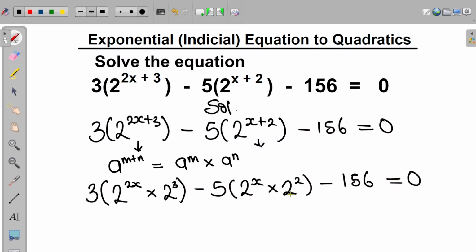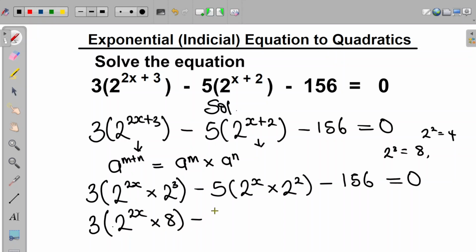Now at this point, we can simplify further. We know that 2 to the power of 3 is equal to 8 and 2 to the power of 2 is equal to 4. So the equation now becomes 3(2 to the power of 2x times 8) minus 5(2 to the power of x times 4) minus 156 equals 0.